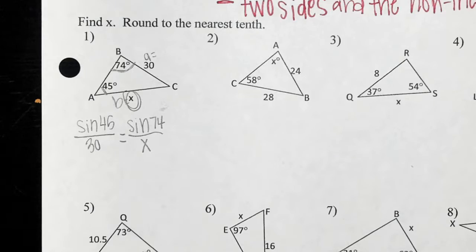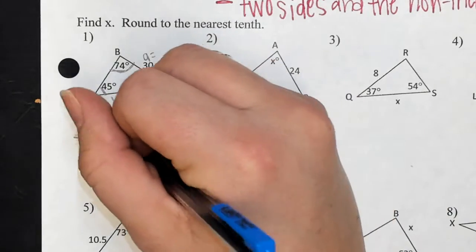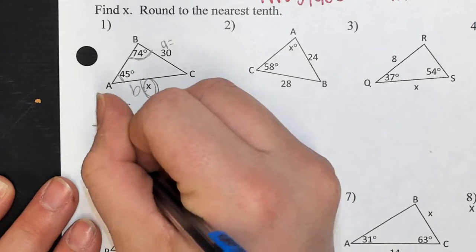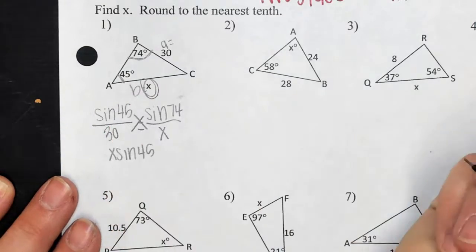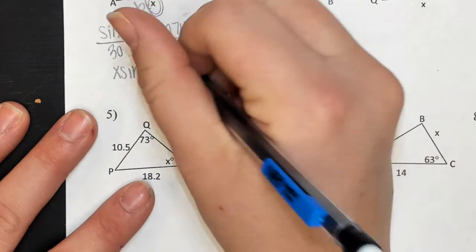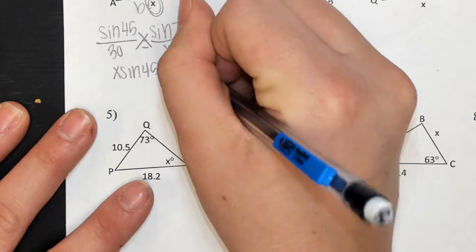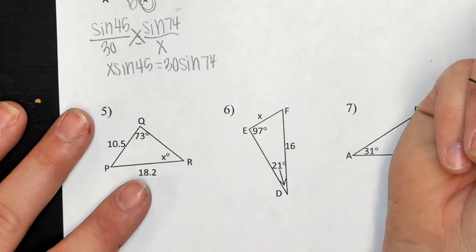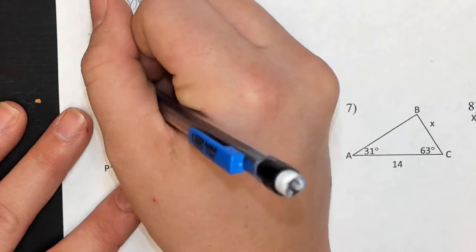So let's just cross multiply. You get X sine of 45 equals 30 times sine of 74. Well, what do I want to get by itself?